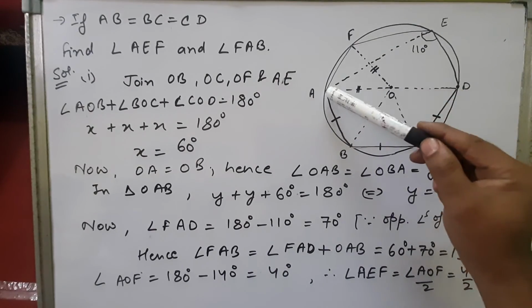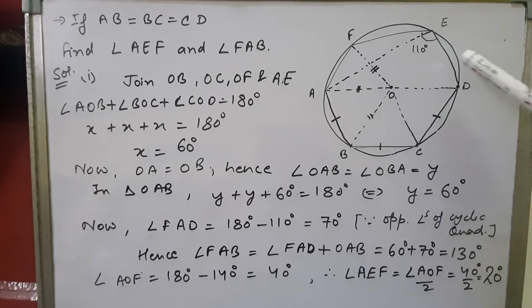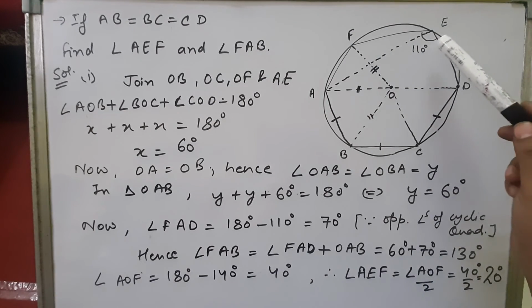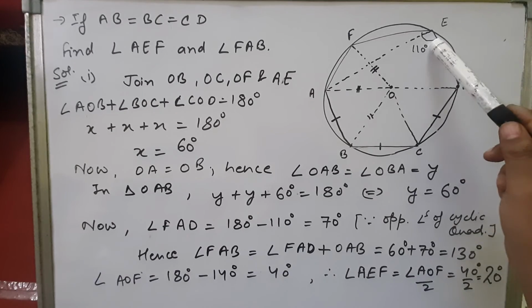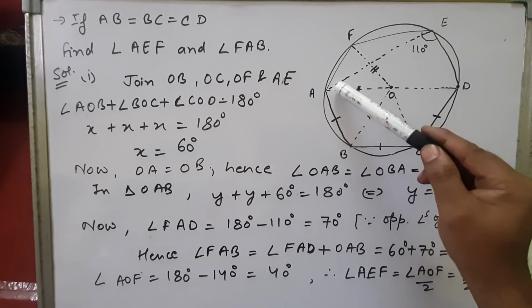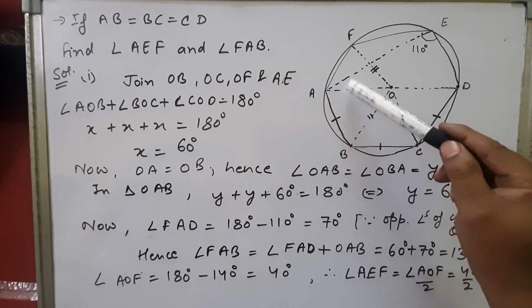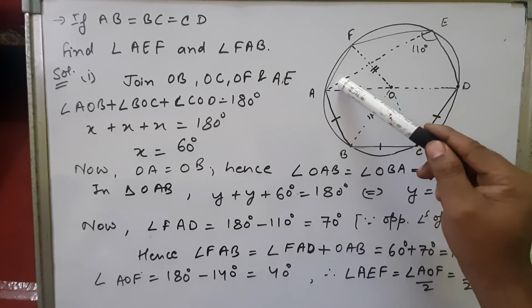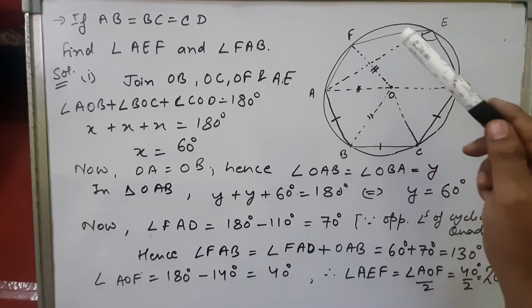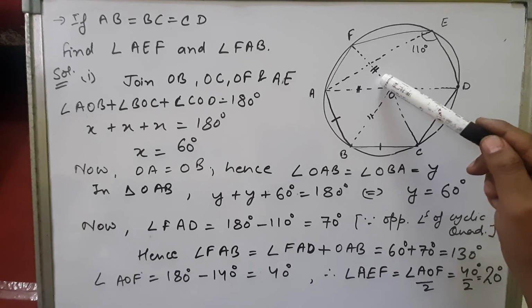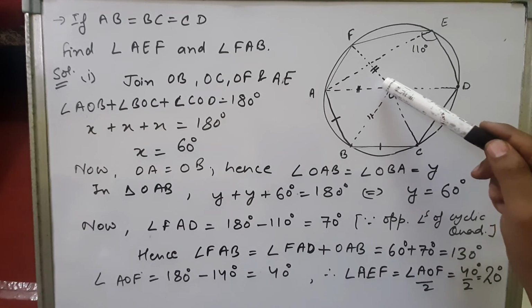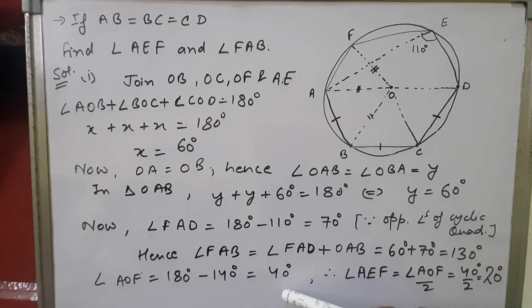Because ADEF is a cyclic quadrilateral, and we know that the sum of opposite angles of a cyclic quadrilateral is 180 degrees. So if this angle is 110 degrees, this angle will be 180 minus 110, that is 70 degrees. So if this angle is 70, this will also be 70, right? So the value of angle AOF will be what? 180 minus 140 degrees. It will be 40 degrees.